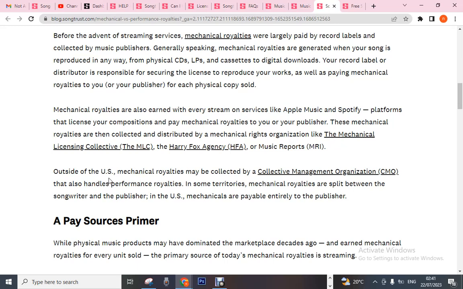Outside of the US, mechanical royalties may be collected by a collective management organization, that is the CMO, that also handles performance royalties. In some territories, mechanical royalties are split between the songwriter and the publisher. In the US, mechanicals are payable entirely to the publisher.